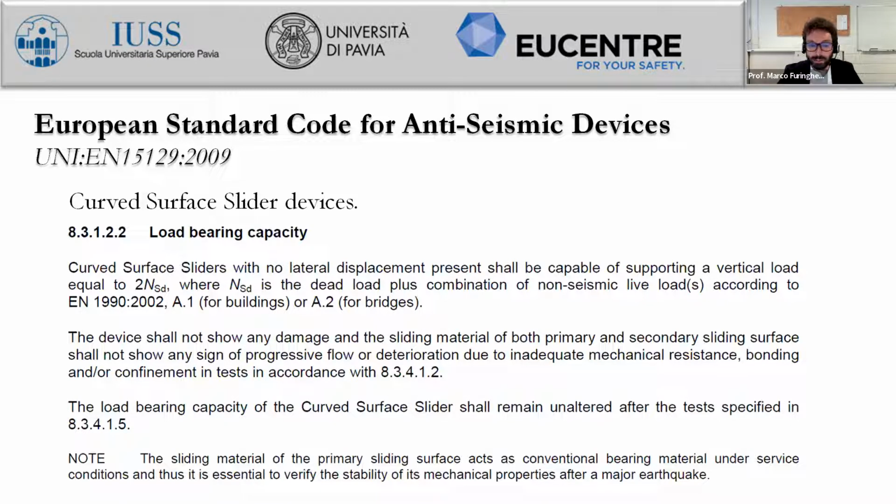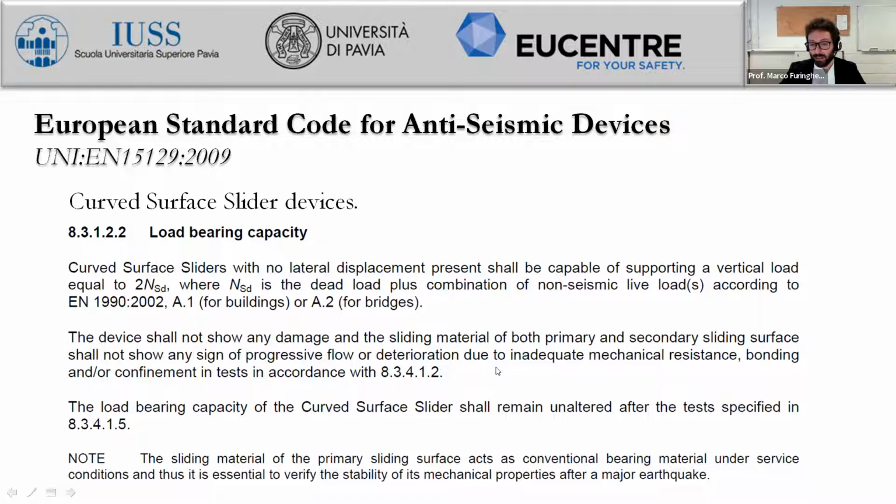So no lateral displacement is applied, and the device has to be subjected to twice NSD, which is the design vertical load due to the dead loads plus the combination of non-seismic live loads. And it should not be damaged.